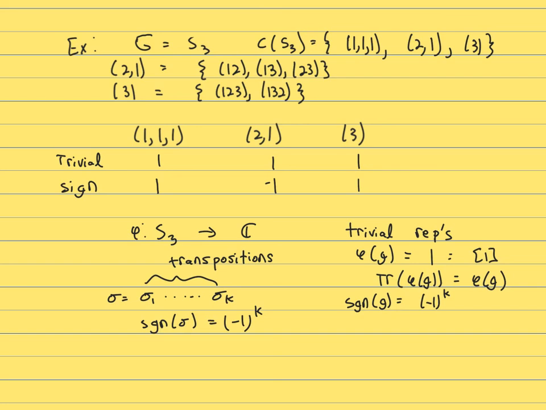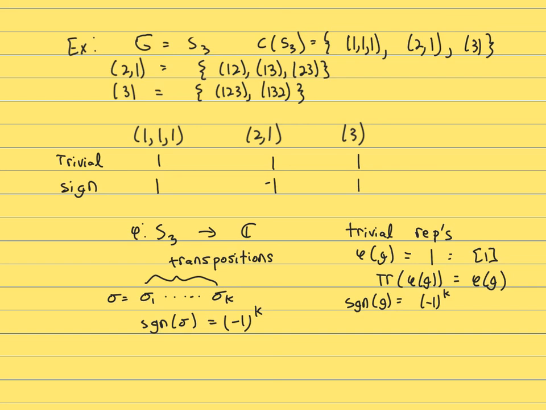Now, of course, if you look at the vector space of all class functions, well, that space has dimension 3 because there's 3 conjugacy classes. And so far we have that the characters generate a 2-dimensional subspace. And so the question is whether or not there's at least one more representation.